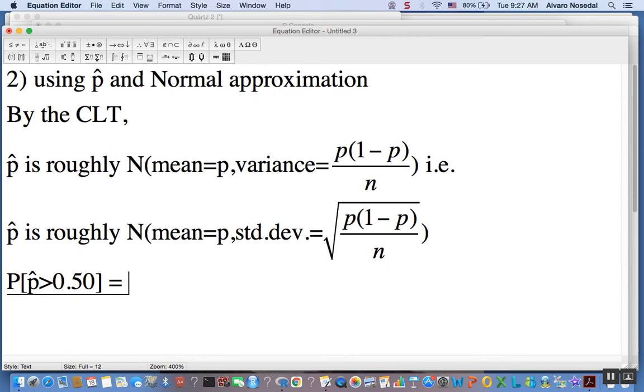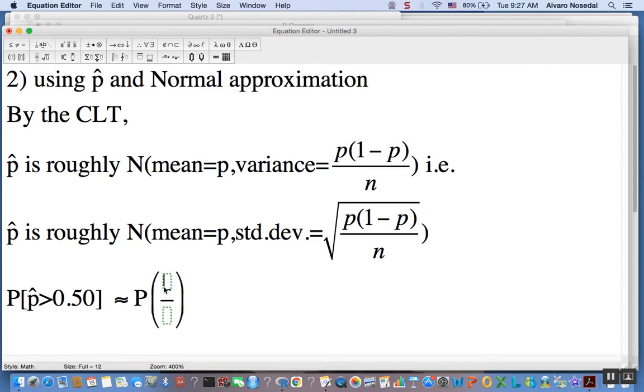I'm going to use the fact that p hat is roughly normal, so this is roughly the probability, and I'm going to standardize p hat.